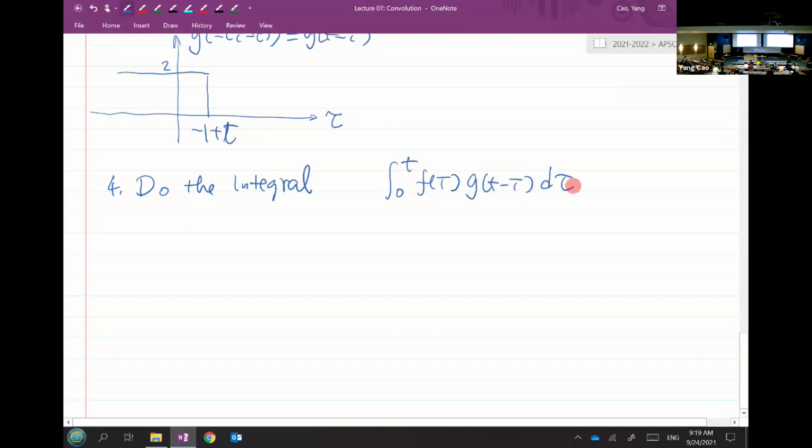This is your original integral. I'm going to redraw the 2 graphs here because of the screen. So first, let's redraw f of tau. Then let's draw g of t minus tau.